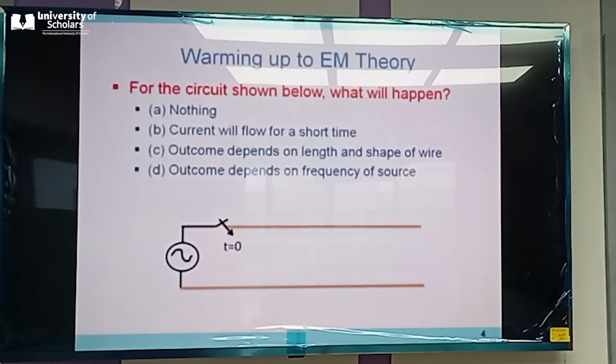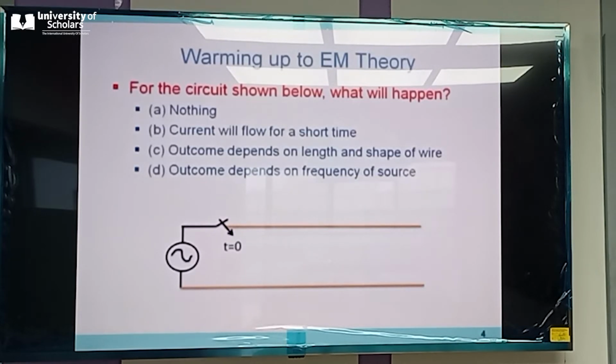Now one can come up with different answers. The first answer one would come up with is maybe nothing will happen. Or one can say, no, current will flow for some time and then nothing will happen.